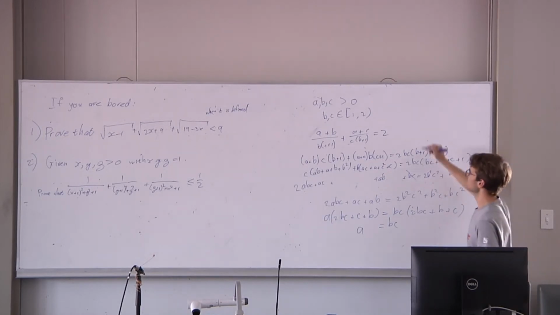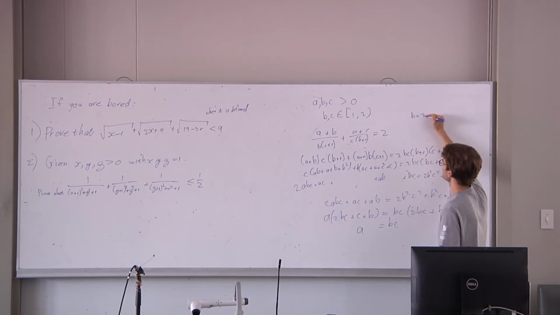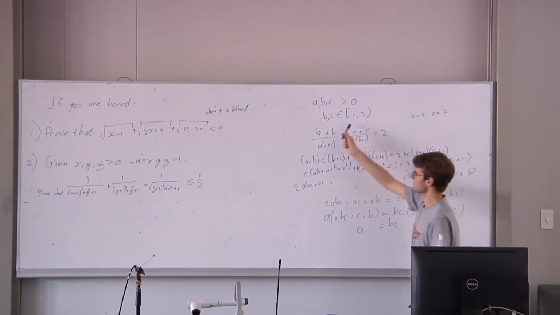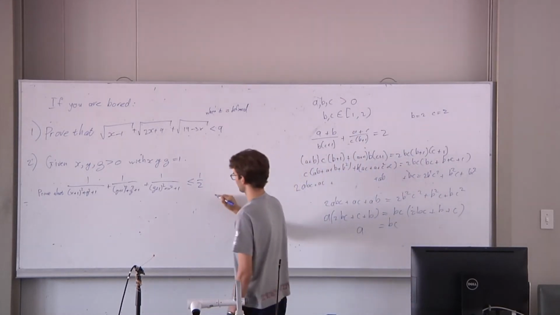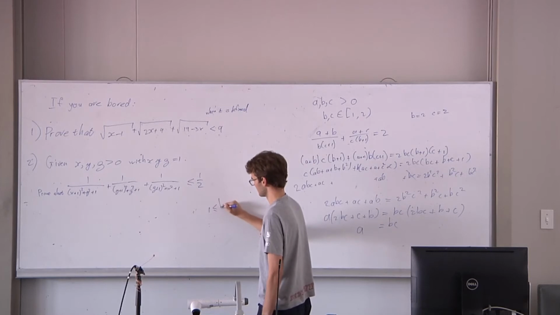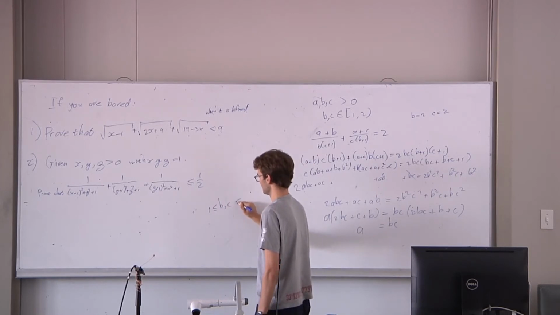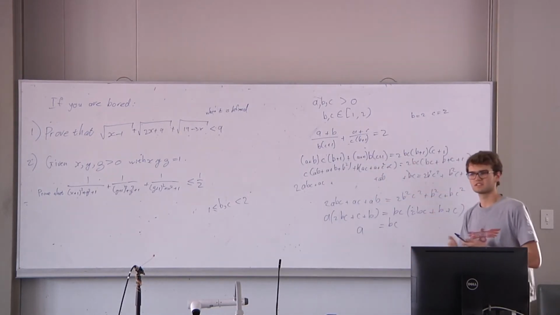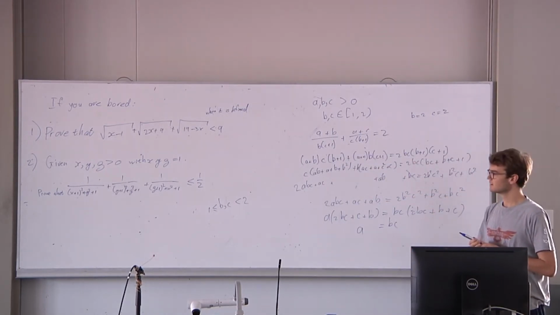Okay, so it can't be 2. If b equals 2 and c equals 2, it's excluded. Then by the definition of this closed open subset, we need 1 less than or equal to b and c less than 2. So if you let them be 2, it won't. Yeah. You get it marked right in math.